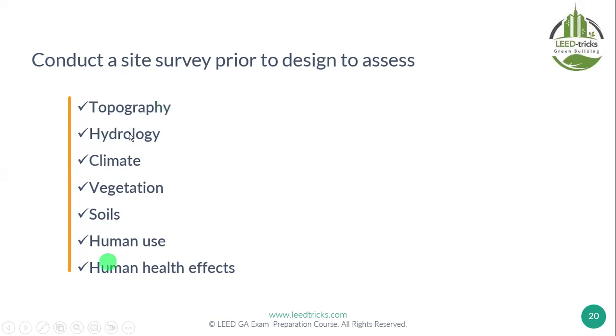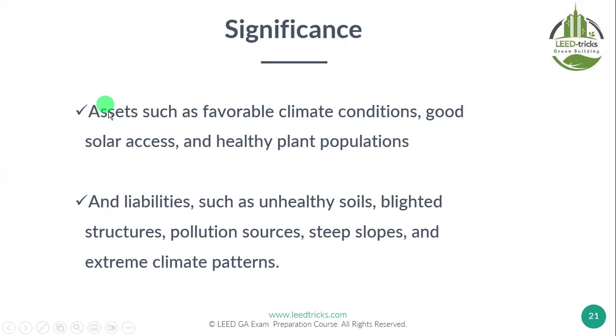And when you go to the site, you check and see how you can manage these to be assets to you. Assets means something good that I will take advantage of, like a favorable climate condition. The climate is very good throughout the year, and for 8 months a year you can enjoy the nice air.